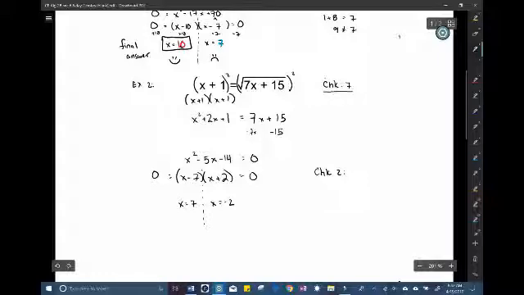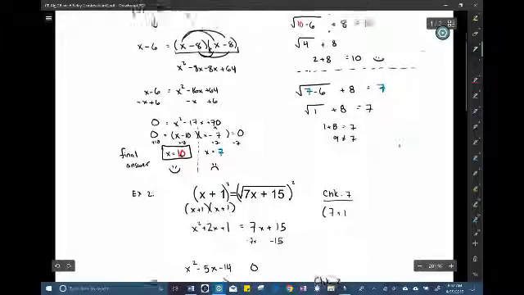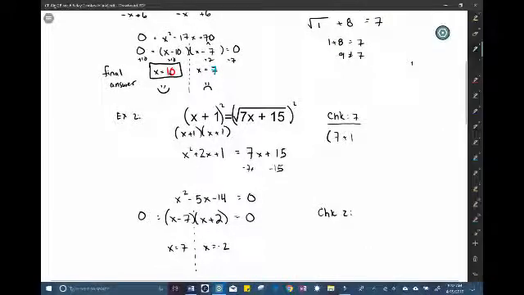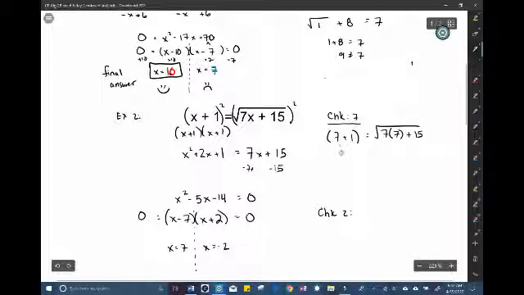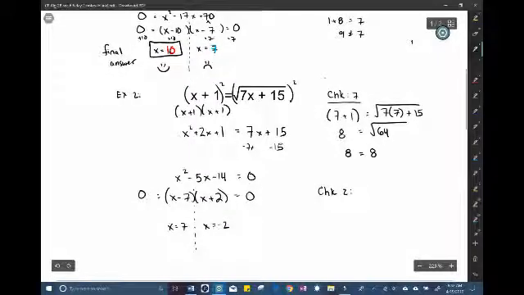For 7, that just means 7 plus 1, is that equal to the square root of 7 times 7 plus 15? 7 plus 1 is 8. Is that equal to the square root of 64? Yes, indeed, they are. So 7 checks out.